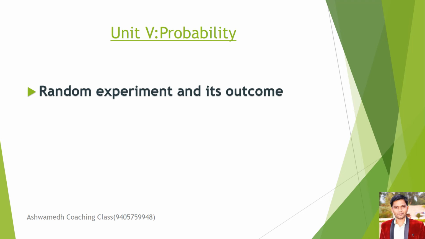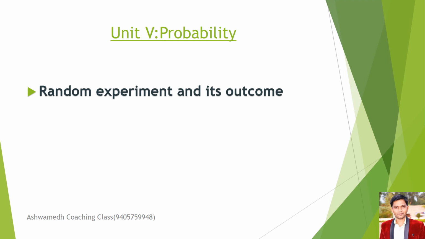For example, if we toss a coin, what do we get? Either we'll get head or tail, but we cannot be sure which. The probability of getting head or getting tail, if we toss the coin, it is an experiment, and the outcomes are either head or tail.